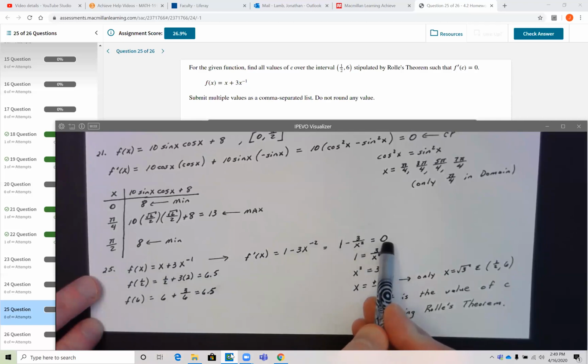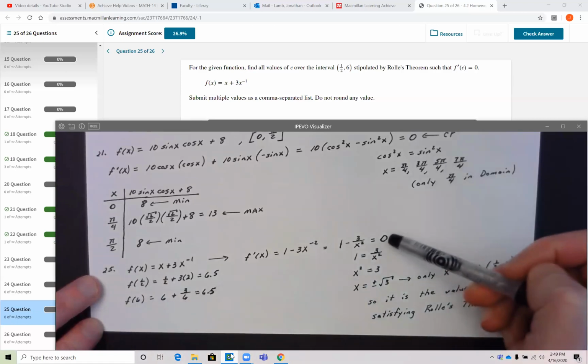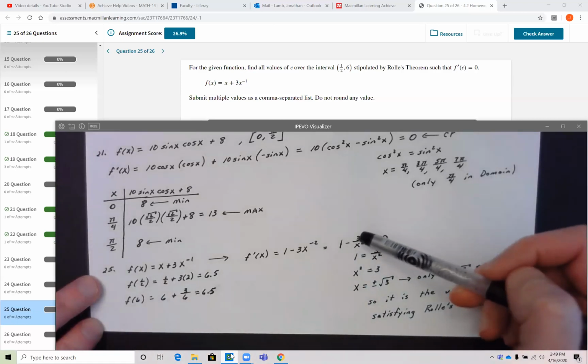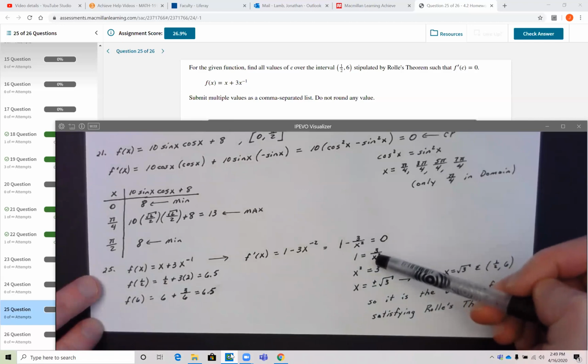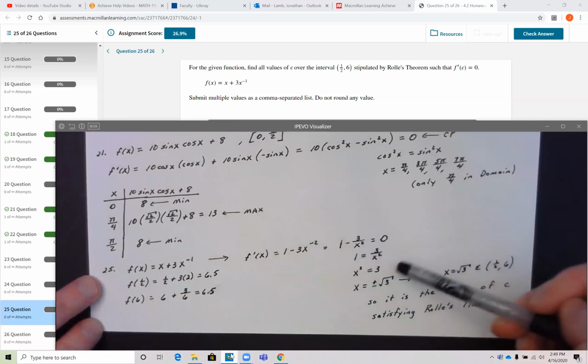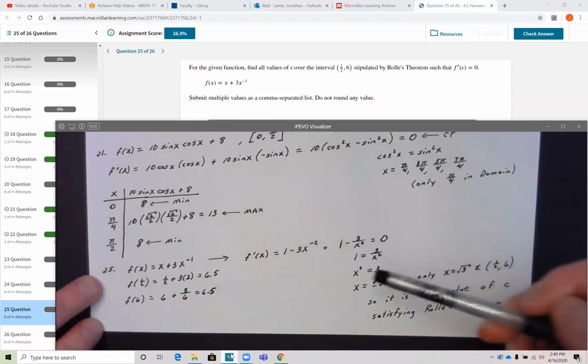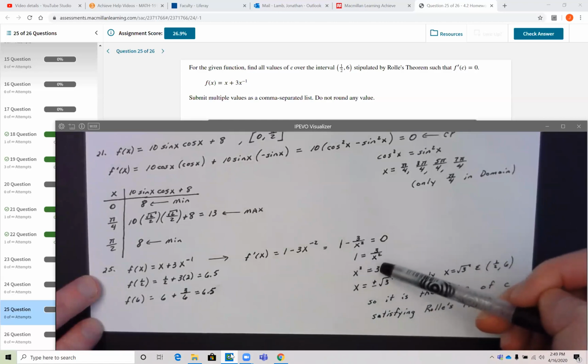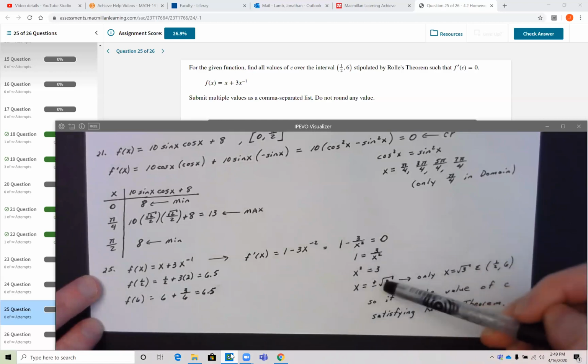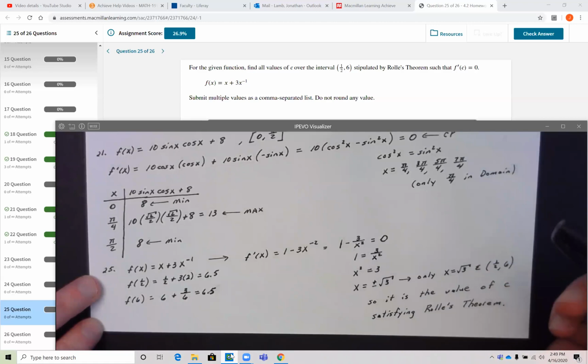I set this equal to 0 because I know my derivative has to be 0 for some x value in between 1/2 and 6, according to Rolle's theorem. So I try to find that value. I move the 3 over x squared to the right. Then I multiply both sides of my equation by x squared, and I get x squared is equal to 3. Then you can solve for x by saying x is the positive or negative square root of 3.